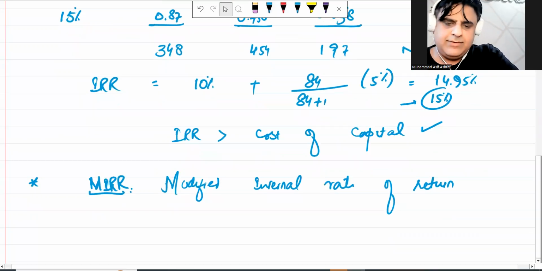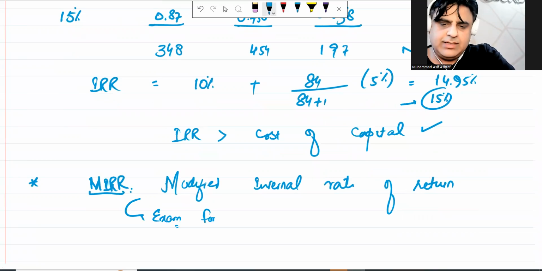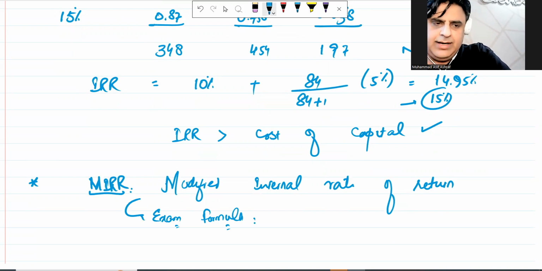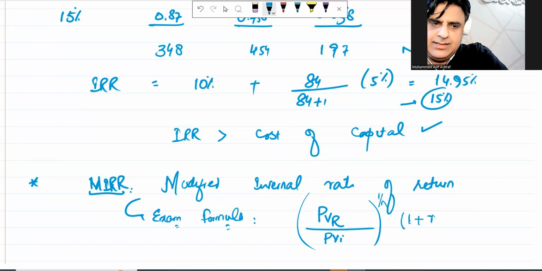Its formula is given to you in the exam; the formula sheet will be given to you in the spreadsheet, so don't worry about it. Some of the formulas are also available in your calculator in the spreadsheet. So the formula is the present value of return phase divided by the present value of investment phase, to the power of 1 by n, into 1 plus RE, minus 1.